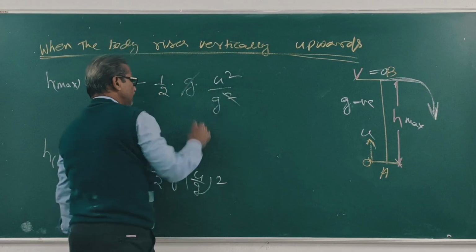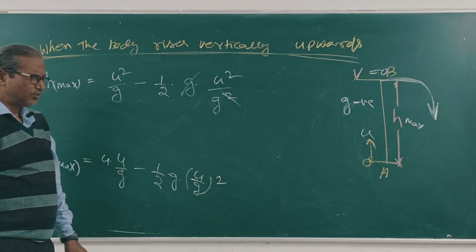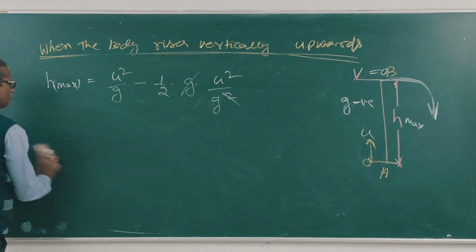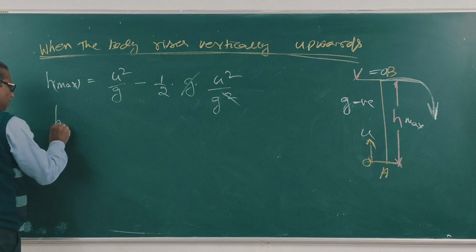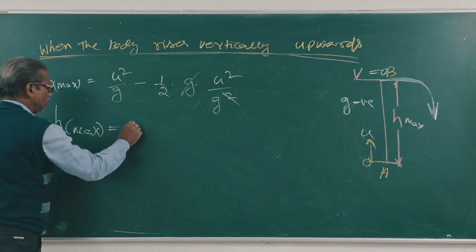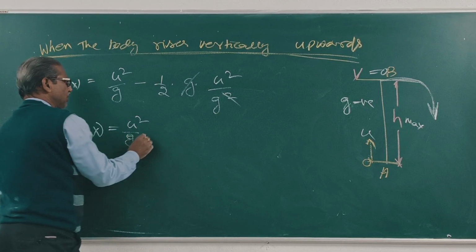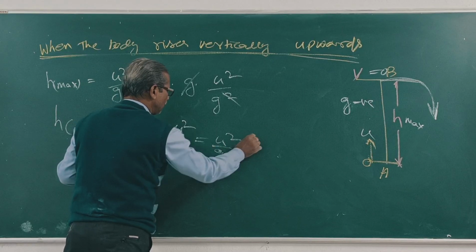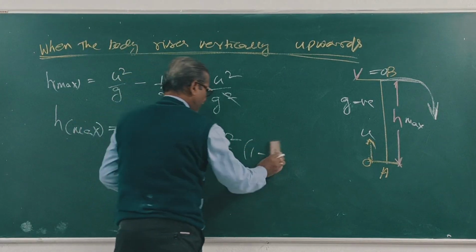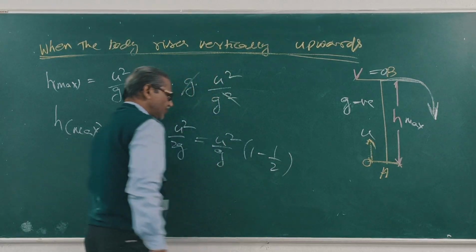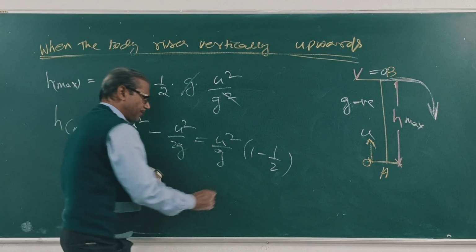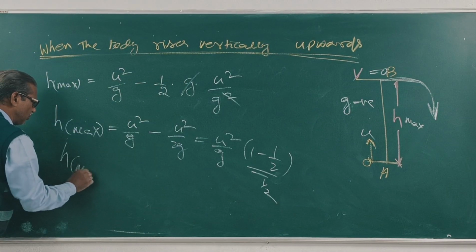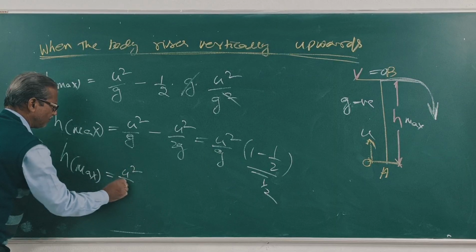The g square cancels out. So h max is equal to u square by g minus u square by 2g. Taking u square by g common, 1 minus half, which is half. So h max is equal to u square by 2g.